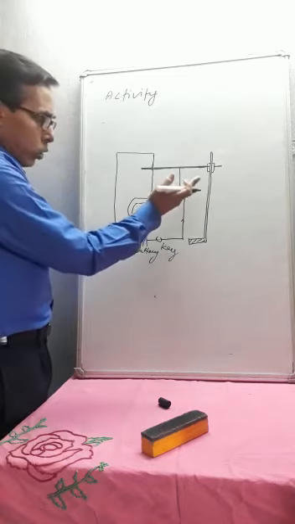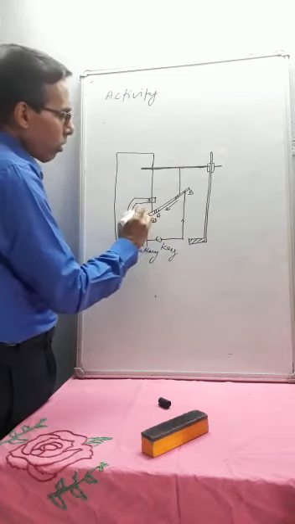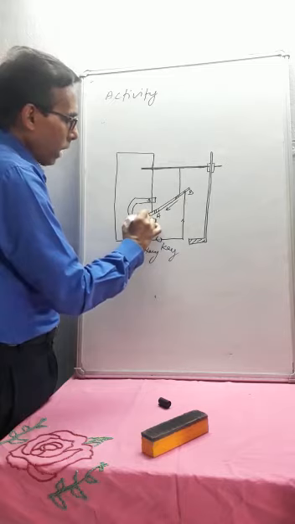As the current passes through this aluminium rod from B to A, we observe that the aluminium rod moves towards the left side, that is, it is deflected towards the left side.